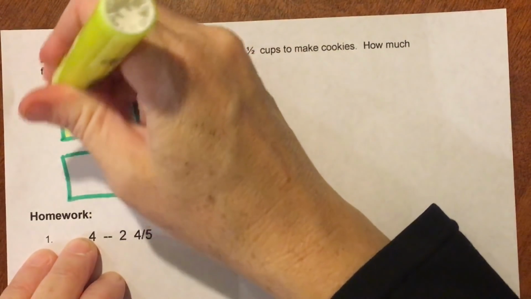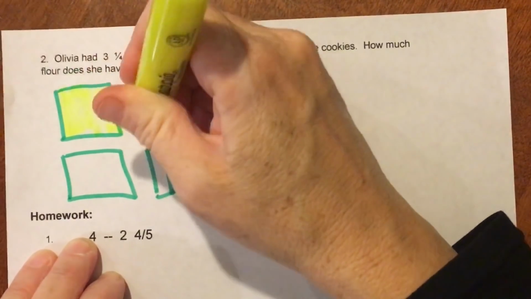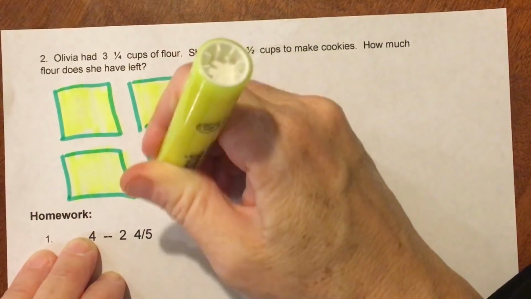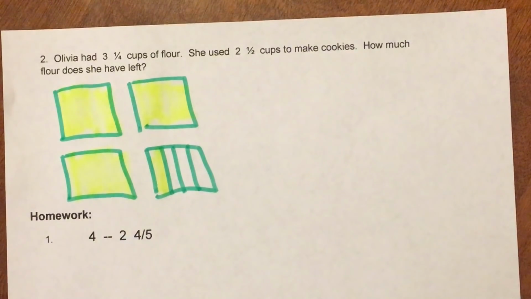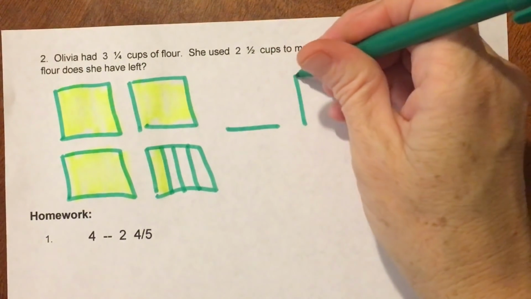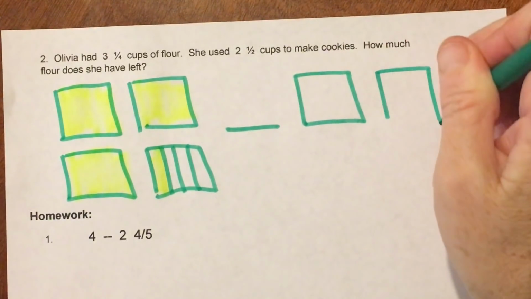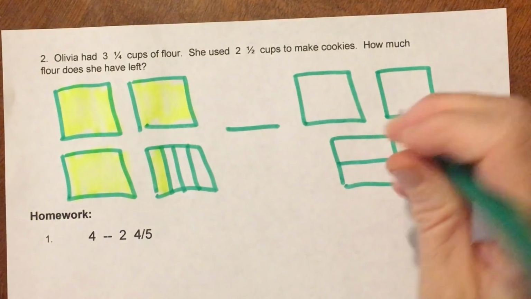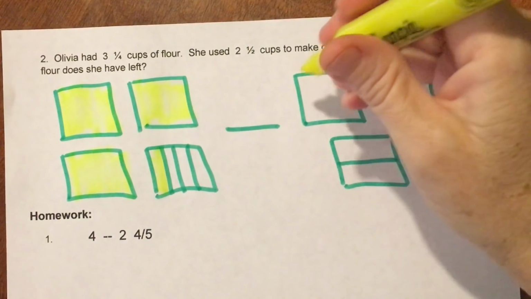So I have 3 1/4 cups of flour. And I'm going to take away 2 1/2. And remember, 1 has to be vertical and 1 has to be horizontal.